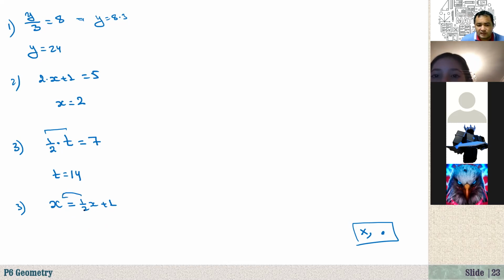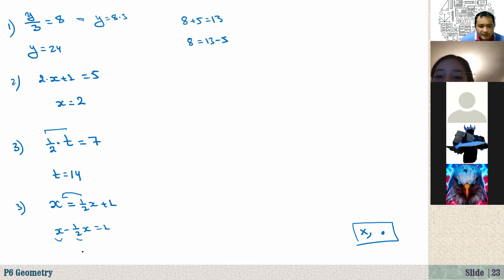When it changes the side, we know it becomes minus, right? Just from here, 8 plus 5 is equal to 13, which means 8 is equal to 13 minus 5, because 5 is going to the other side. The same thing, 1 over 2x goes to the left hand side: x minus 1 over 2x.